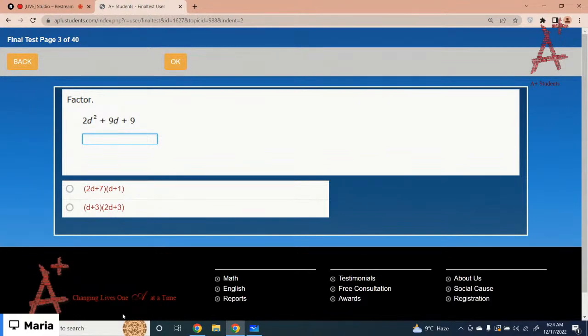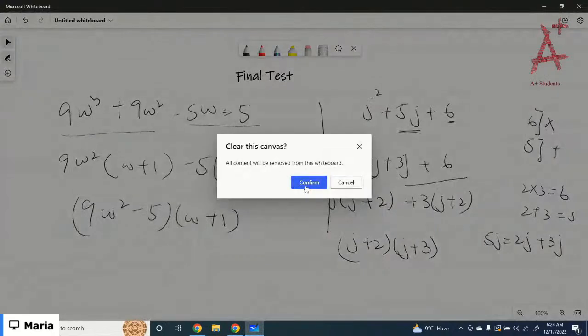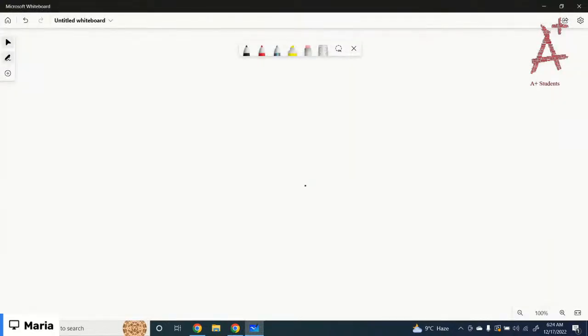Okay, 2d square plus 9d plus 9. No one is answering, but these are the lessons we have already covered in the last session. You have to multiply the coefficient of d square and 9, so 2 times 9 is 18.